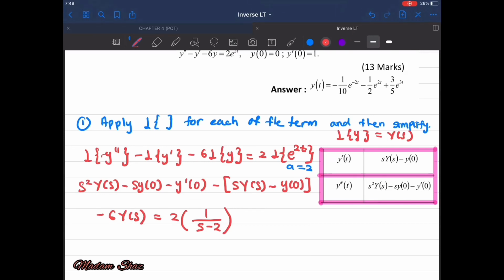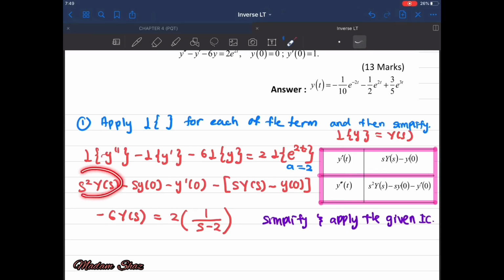So now you have to simplify the whole thing and apply the initial conditions. S square Y(s), there is no initial condition here, minus s y(0). So y(0) will become 0. Y prime (0), the condition for y prime (0) is equal to 1, so this one will become 1.